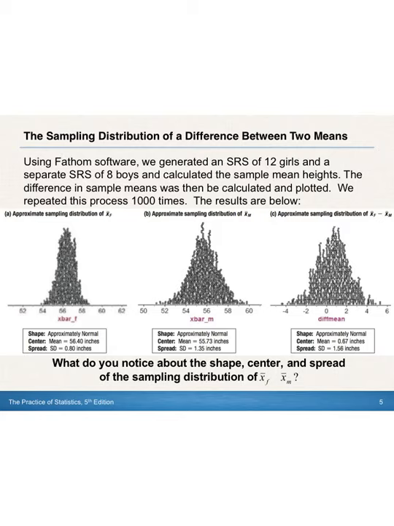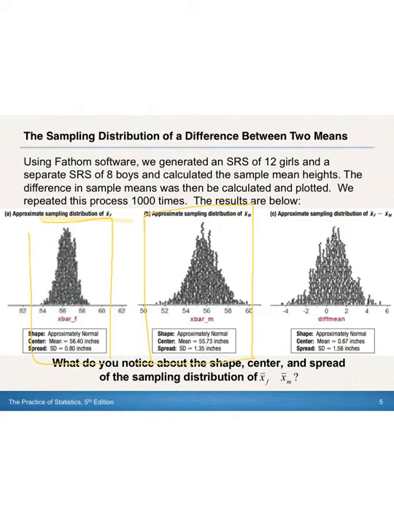So the SRS of the 12 girls here is what is going on. We have the mean is 56.4 and the standard deviation is 0.8. And the shape's approximately normal. And here are boys. The standard deviation is 1.35, and the mean is 55.73.